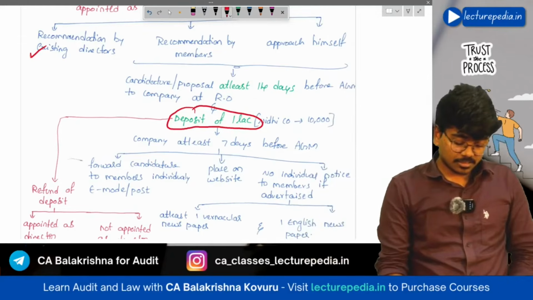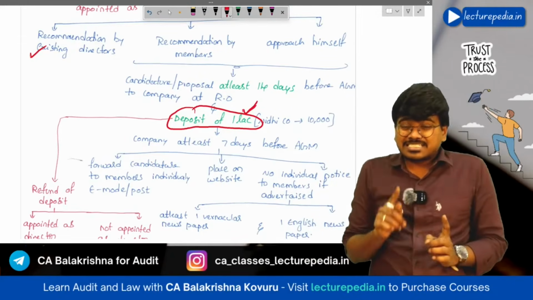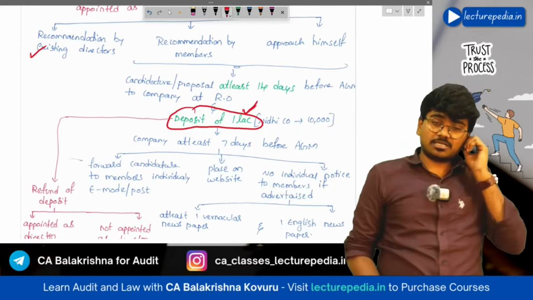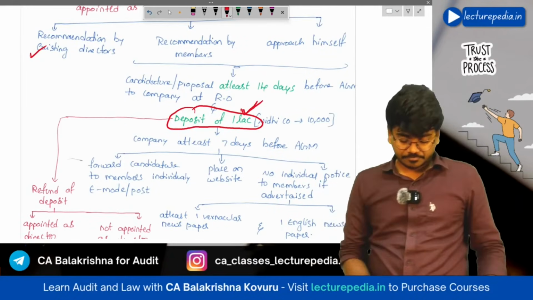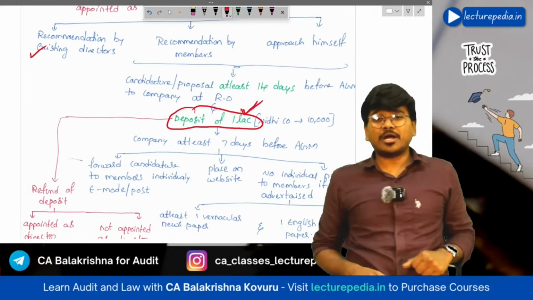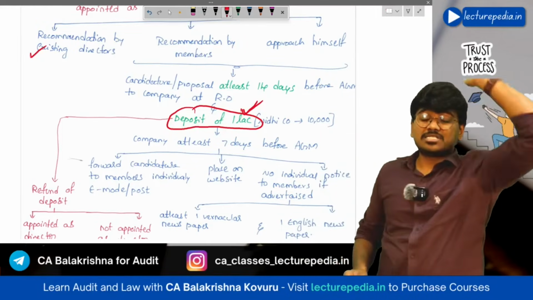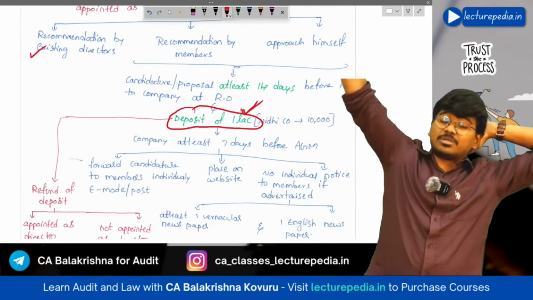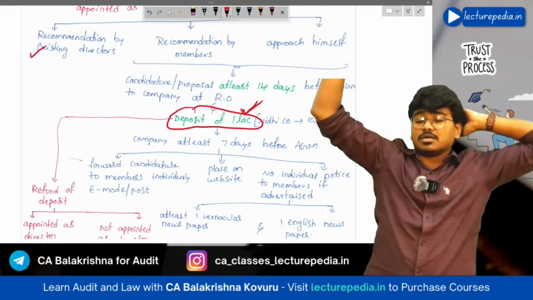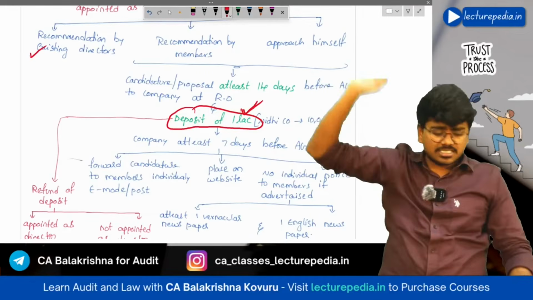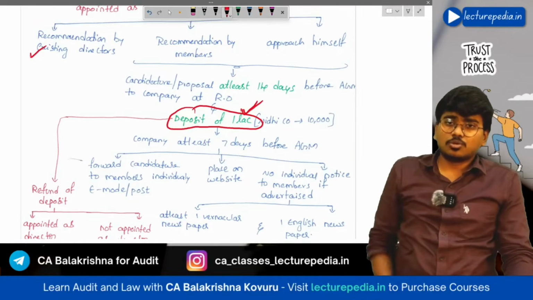See here, in order to test the seriousness of that person, a deposit of 1 lakh rupees has been kept. If you wanted yourself to be appointed as a director of some company like Reliance Industries, you can't just go and give your candidature.